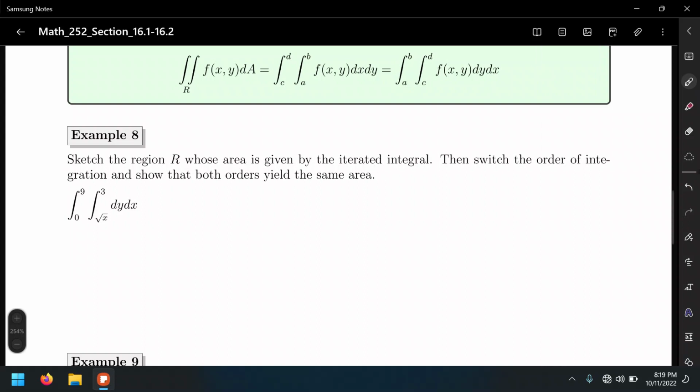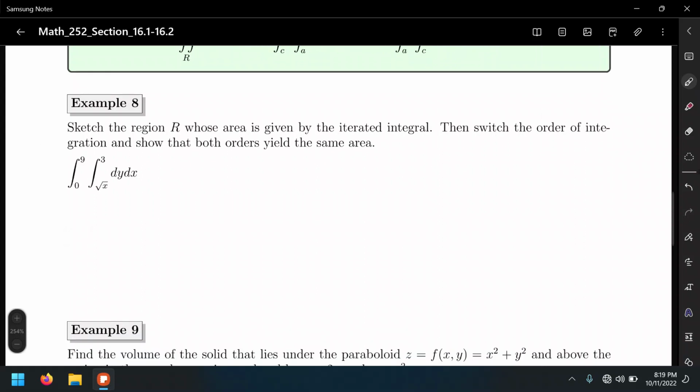So number 1, it would be a great idea to set up the integral. But in this case, notice they are not telling us to find the area between these two curves and so on. They're already giving us the integral, so we need to break it up into pieces and from there sketch the region.